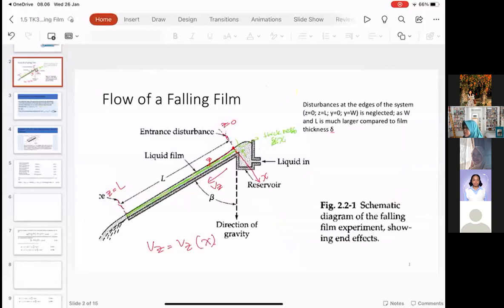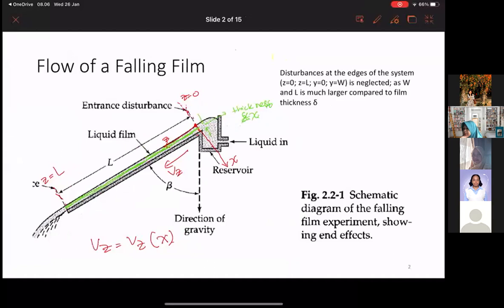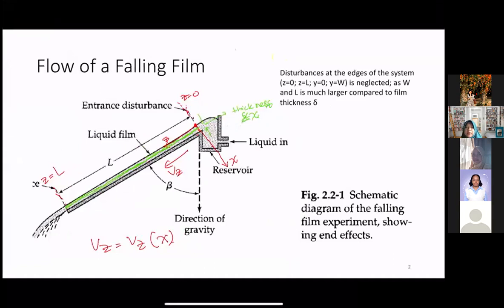Okay, so maybe I can make it bigger like this. So let's have a look at the schematic that we talked about last week. Here we have the boundary condition, and we have the liquid or falling film there.